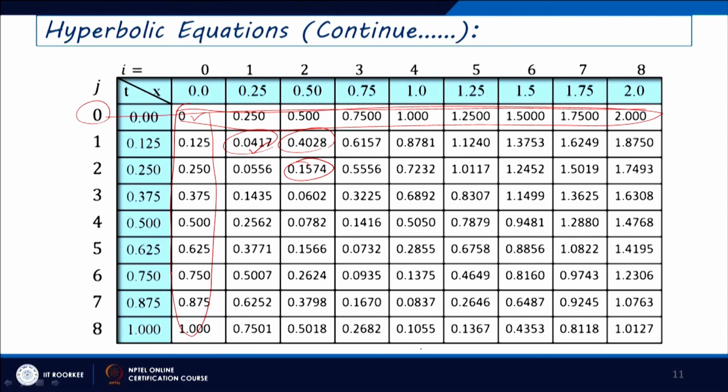Further calculations can be carried out in a sequential manner, as I explained in the earlier cases. If you proceed in that form, you can obtain these values as 3 1, then 4 1, 5 1, 6 1, 7 1, and finally 8 1.